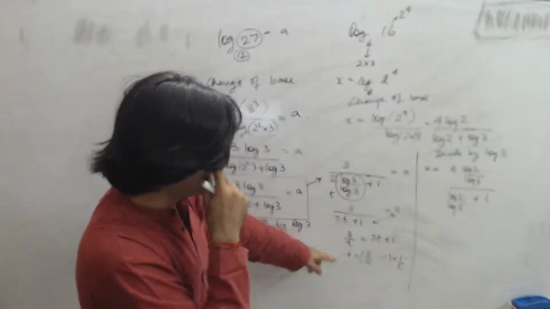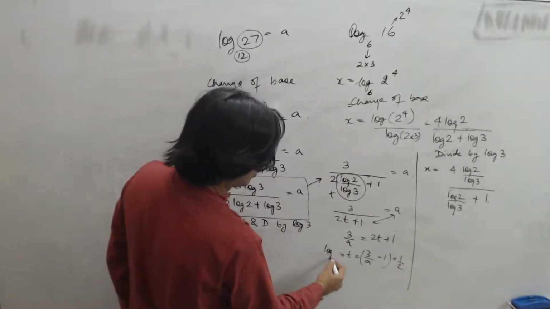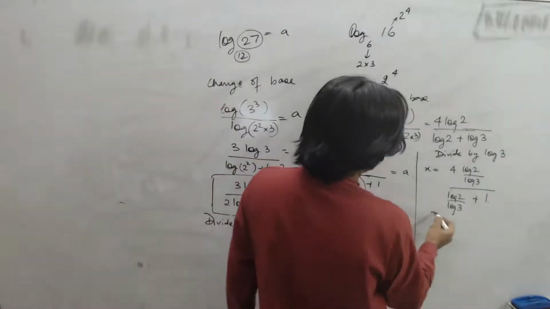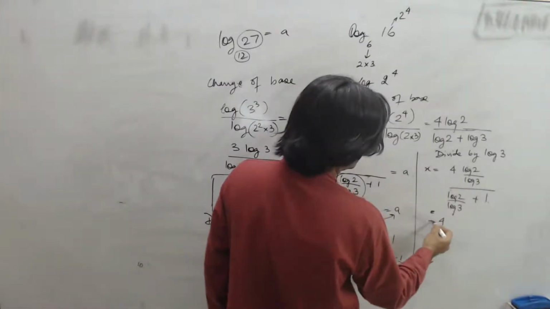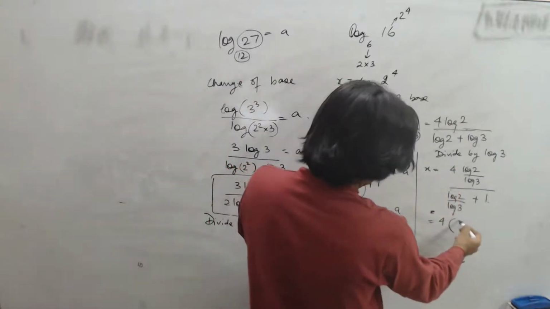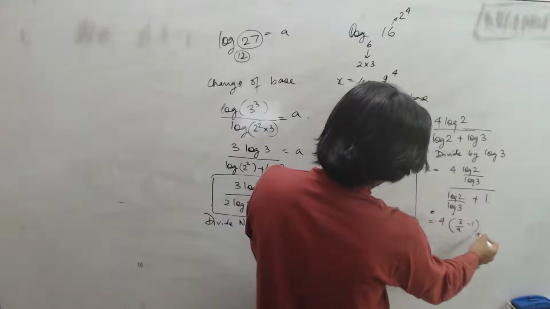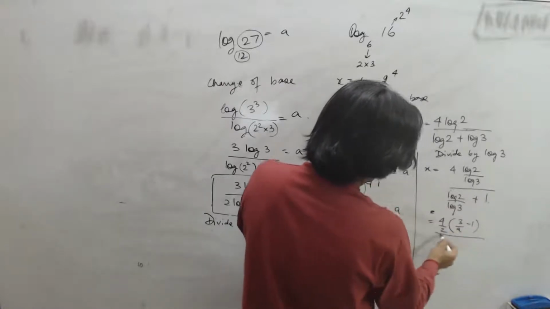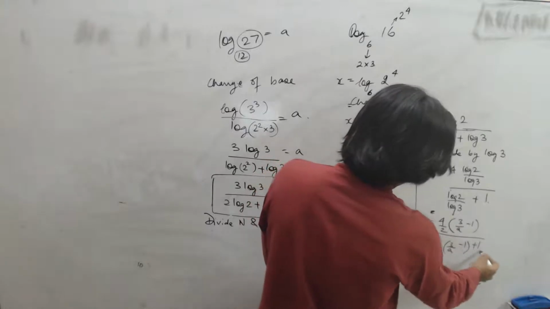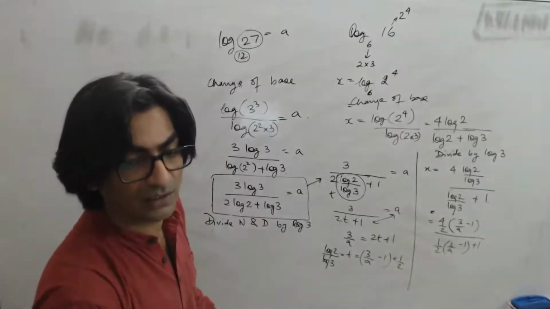And then you substitute the value of t, which was equal to log 2 by log 3. This will become 4 times 3 upon A minus 1 into half divided by half of 3 upon A minus 1 plus 1. And you simplify this. It should give you the answer, right?